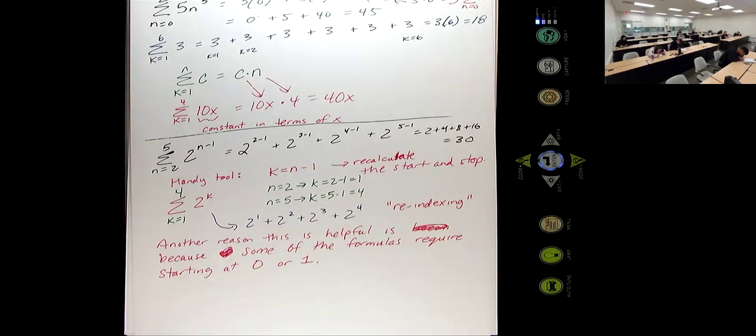Some start at 0, some start at 1, and there's a formula set up. If you had k going from 1 to 100, that's a lot of things to do by hand, but there's a formula shortcut to figure some stuff out, as we'll cover in a second.